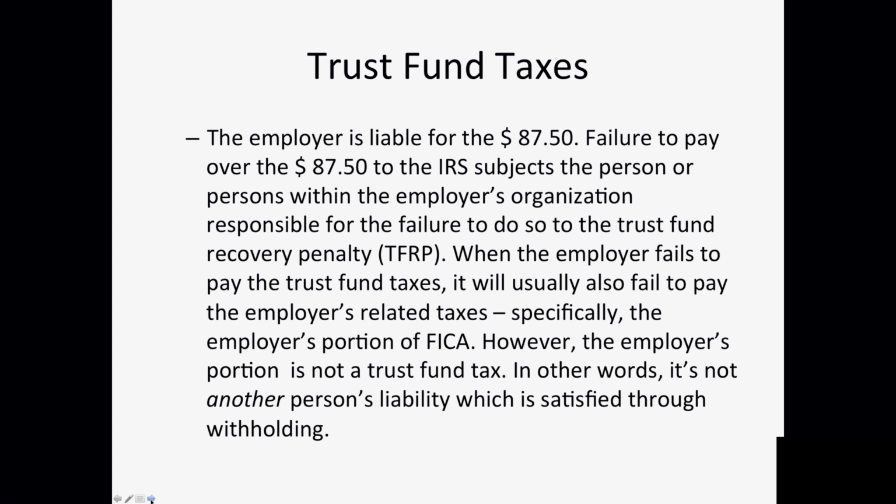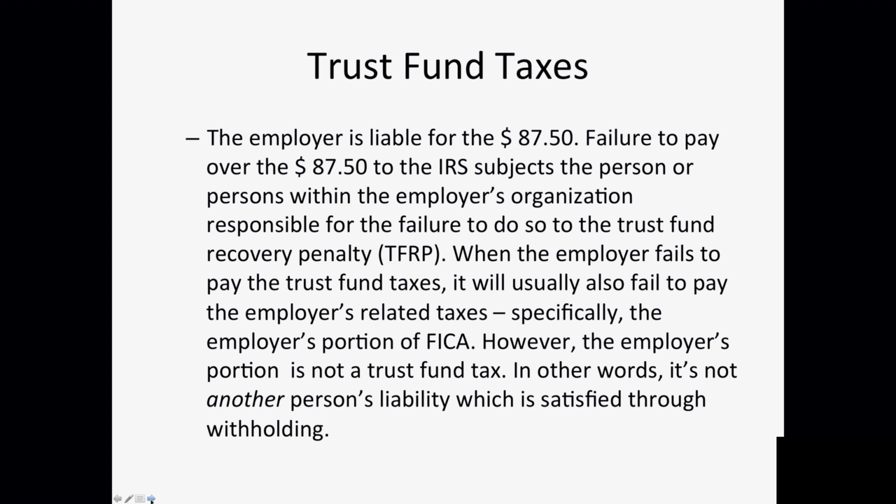When the employer fails to pay the trust fund taxes, it usually also fails to pay the employer's related taxes, specifically the employer's portion of FICA. So just to put this in context, not only must the employee pay their portion of FICA, but the employer also has an obligation to pay their portion of FICA.